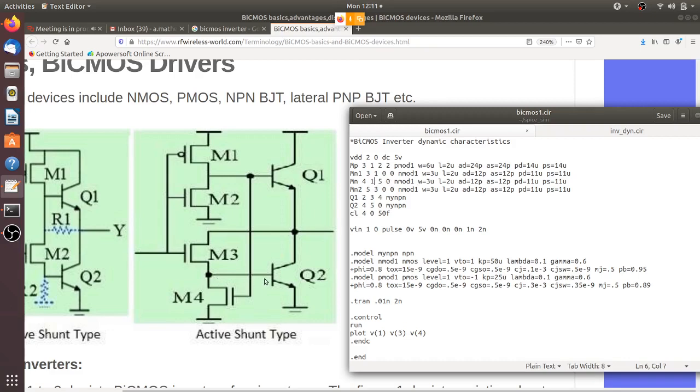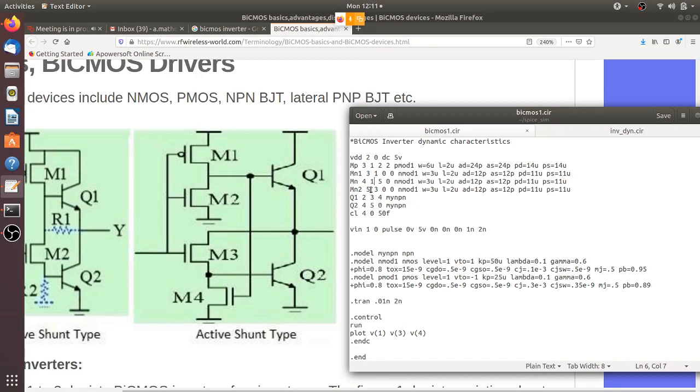This point, which is the base of Q2, I named as node 5, and the bulk I have grounded. Always in a CMOS circuit we ground the bulk terminal of NMOS, and we connect the bulk terminal of PMOS to VDD.